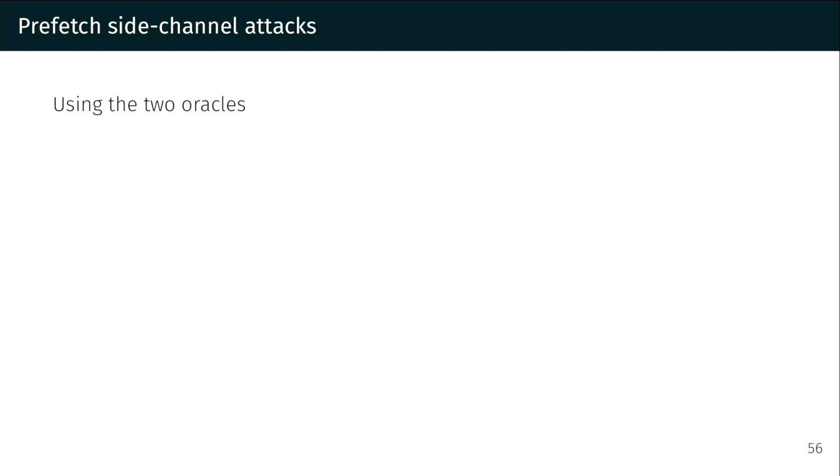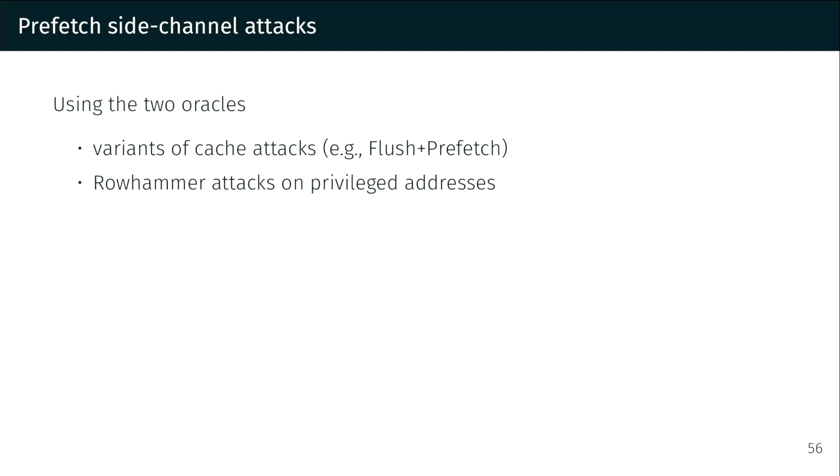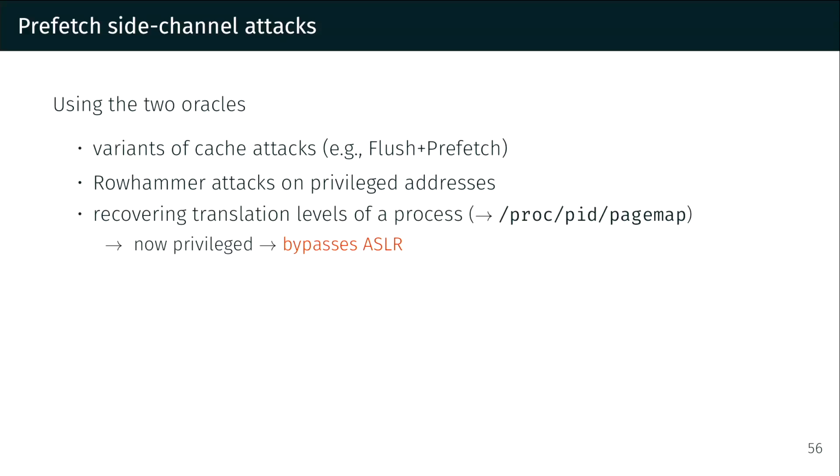And using those two properties and those information, we can do the following. On the one hand, we can build variants of cache attacks. So instead of flush and reload, we can do flush and prefetch, for instance. We can also use prefetch to mount row hammer attacks on privileged addresses, because it doesn't do any faults when we pass those addresses, and it works as well. In addition, we can use it to recover the translation levels of a process, which you could do earlier with the pagemap file, but as I told you, it's now privileged, so you don't have access to that.